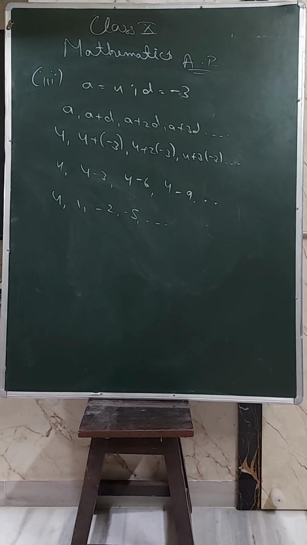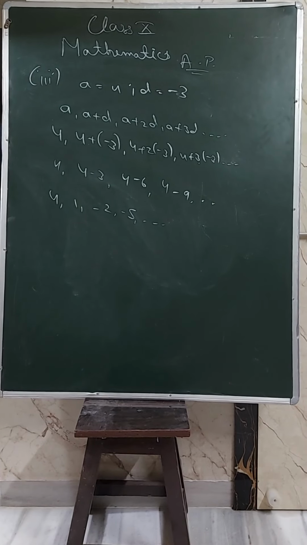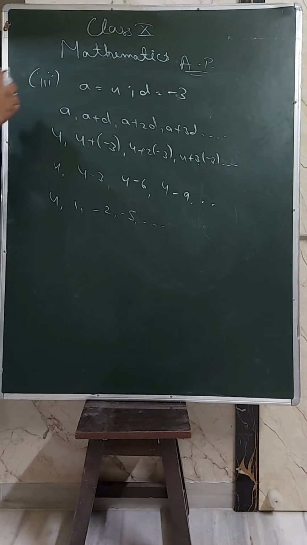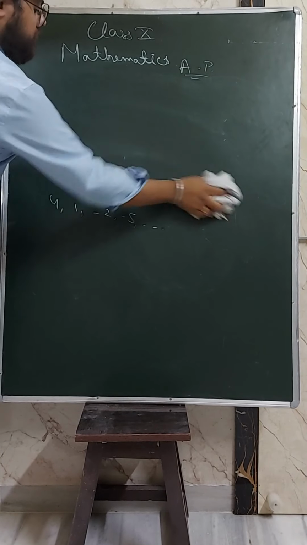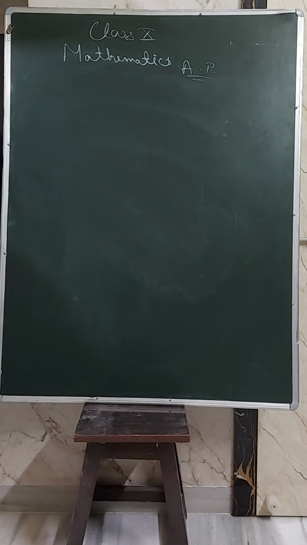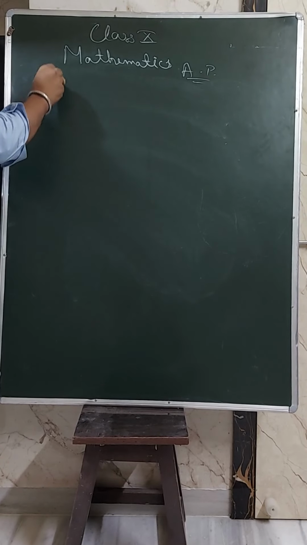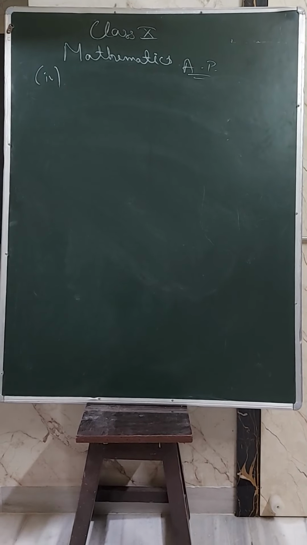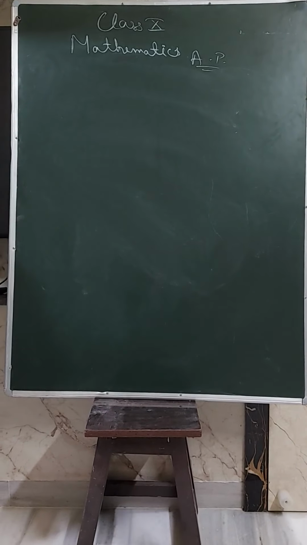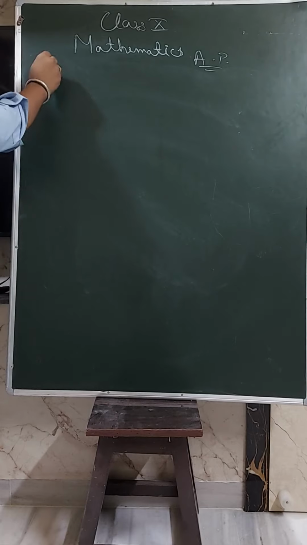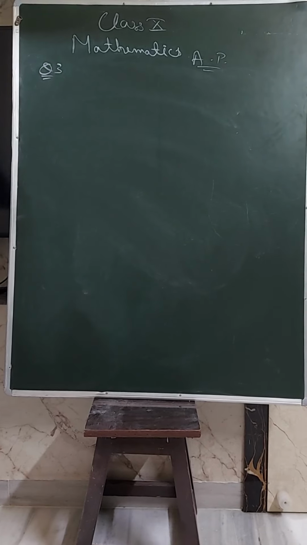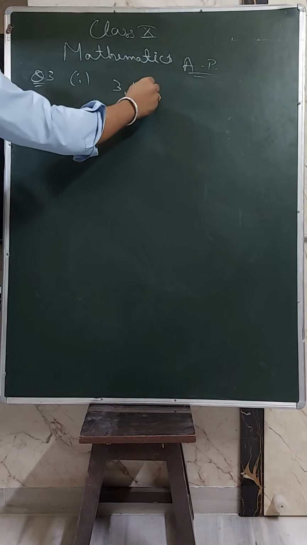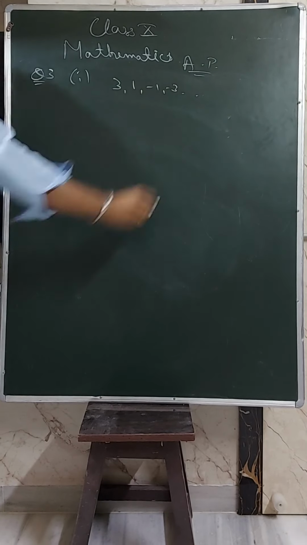Now the third question. For the following AP, write the first term and the common difference. Third question, first part: the series is given as 3, 1, -1, -3.